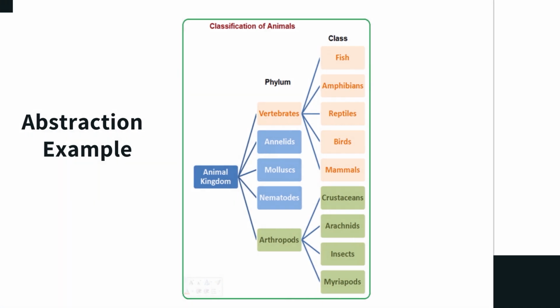So this is an example of abstraction. We could simply mention all the classes, all the phylums, or we could just say animal kingdom. So animal kingdom actually consists of all phylums and classes. So the classification of animals is one example of abstraction.